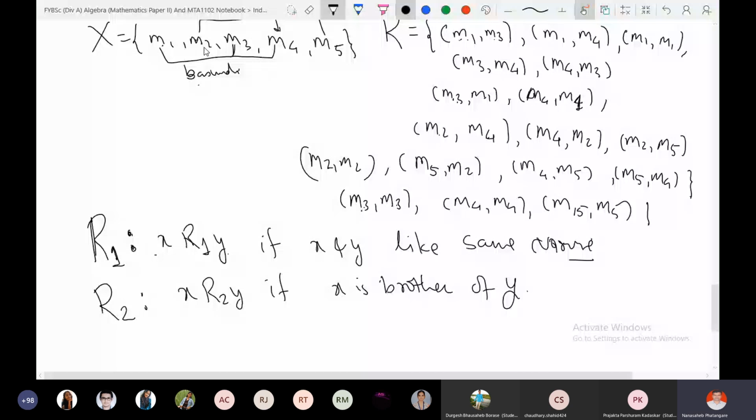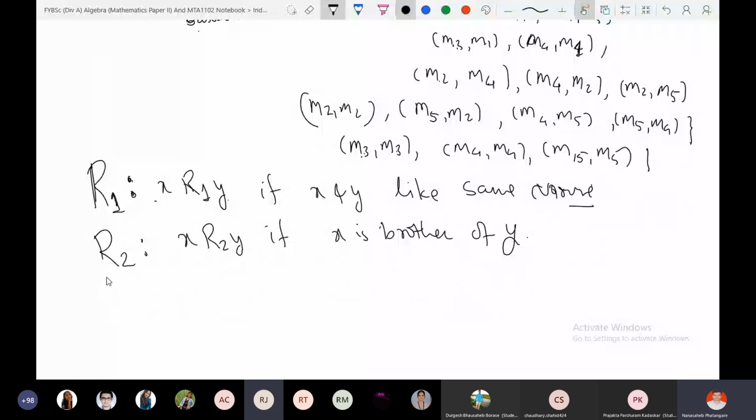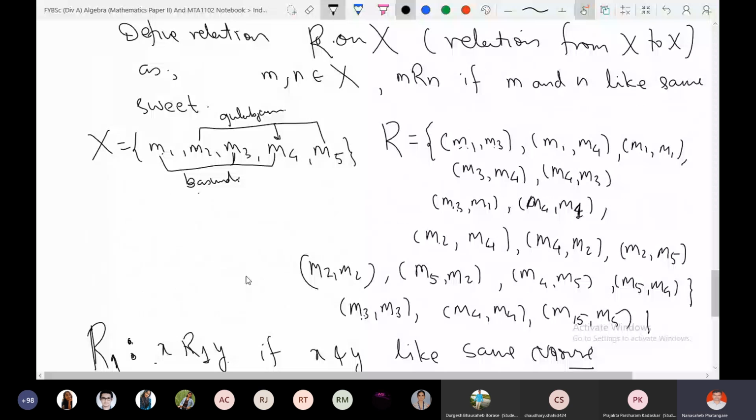Right, or father and daughter or son and father are not related because they do not satisfy this relation. So if X is brother of Y, then the relation is there, right? So you can understand this. And what are the pairs? Okay, so this idea is clear now.